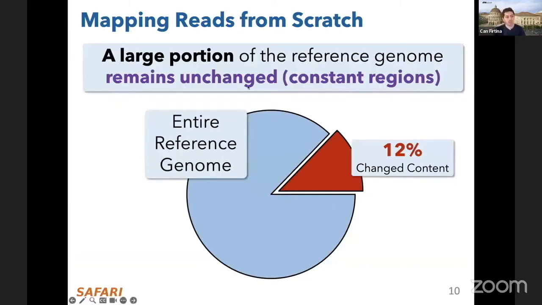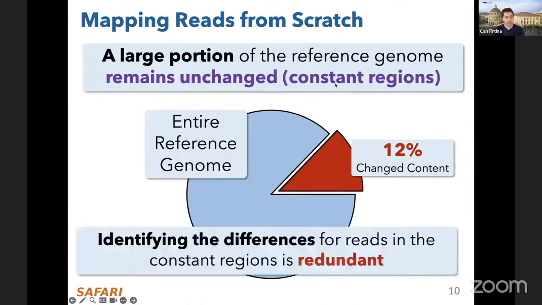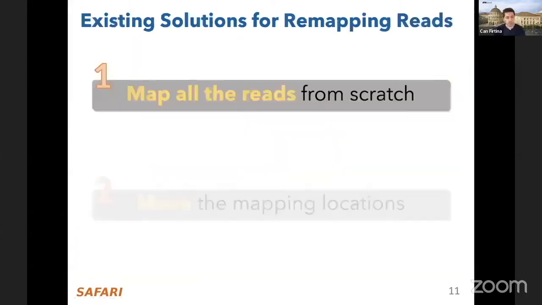So this means that a large portion of the reference genome remains unchanged, meaning they are constant regions. And identifying the differences for reads in the constant regions is redundant, because there are essentially no changes. So for most of these regions, we don't have to do mapping at all. So this was the first solution and the potential issue with that.